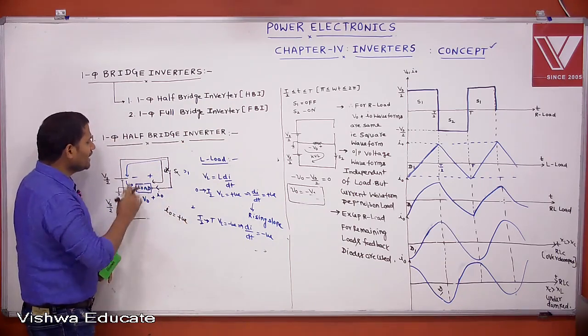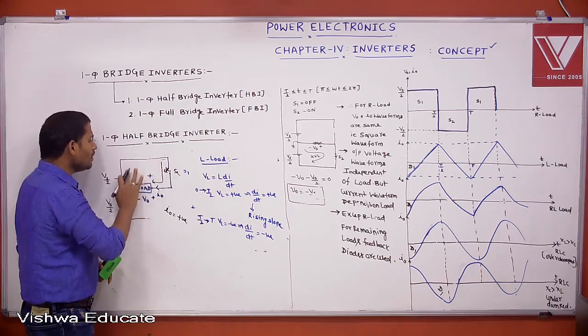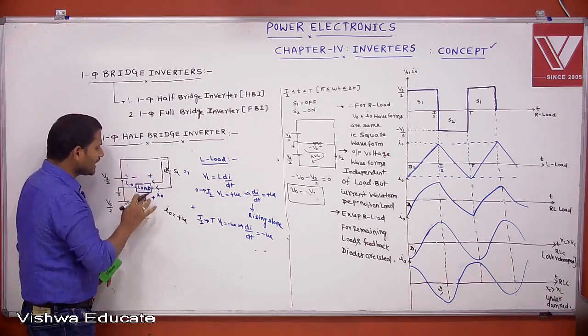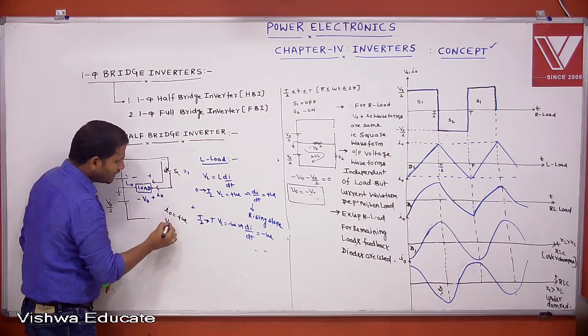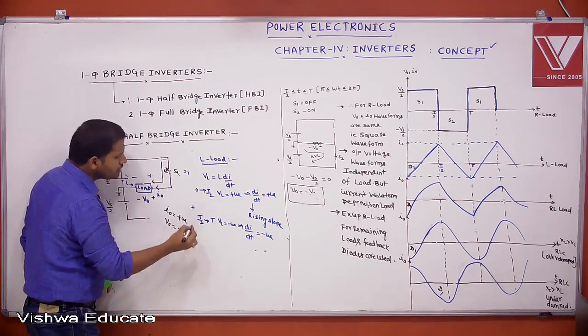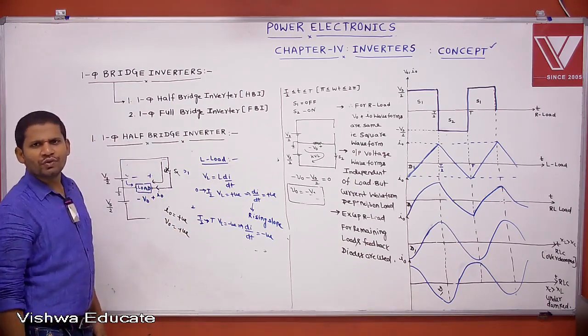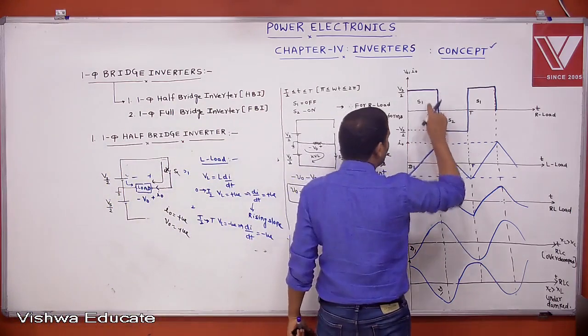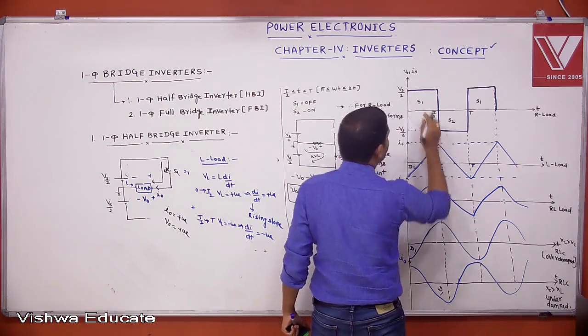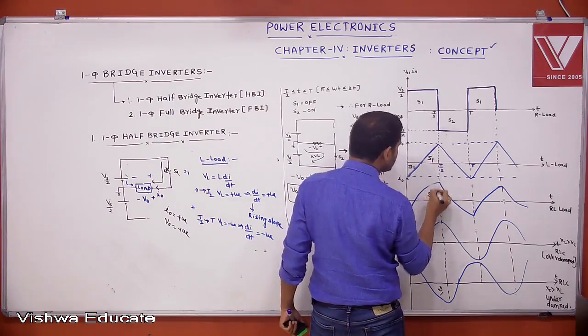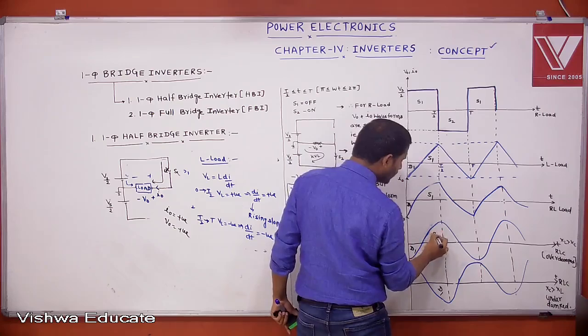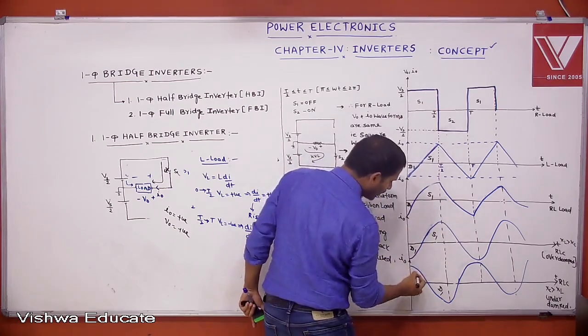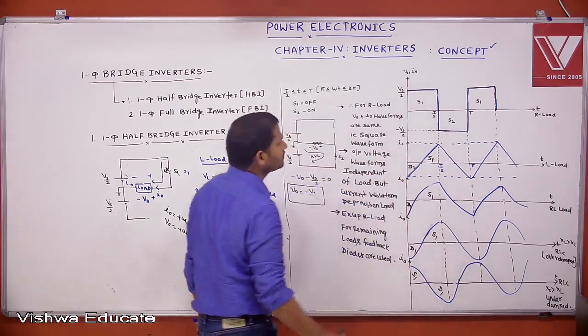If S1 is conducting, then positive is connected here, negative positive, so V0 is also positive. That means I0 positive, V0 positive: S1 is conducting.